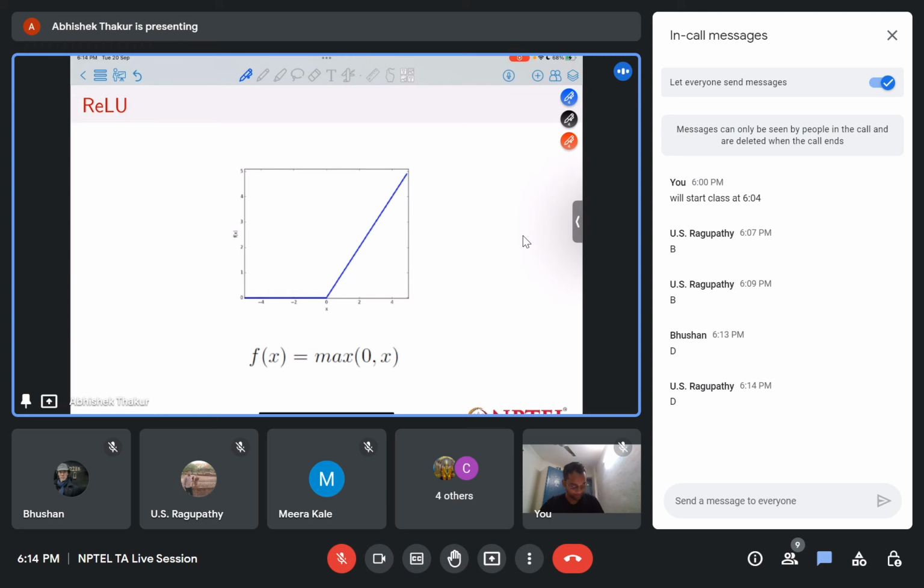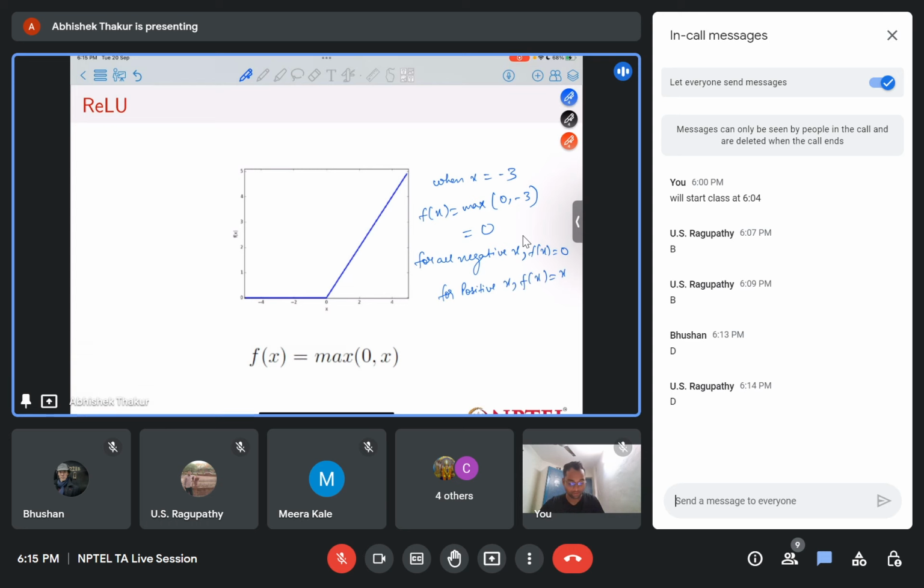When x is equal to minus 3, f(x) is equal to maximum of 0 comma minus 3, so it will be 0. So for all negative x, f(x) is equal to 0, and for positive x, f(x) is equal to x.